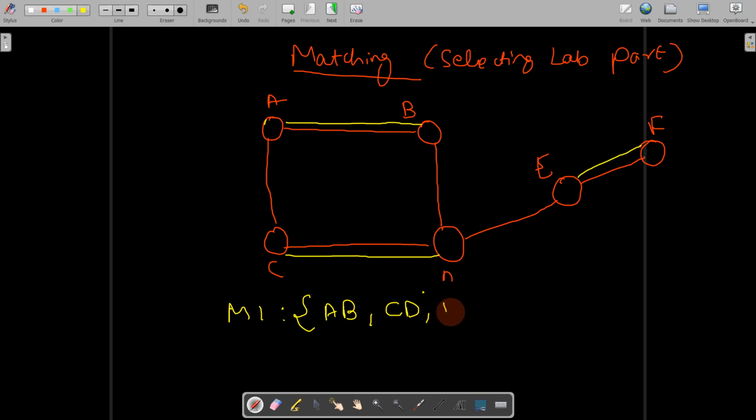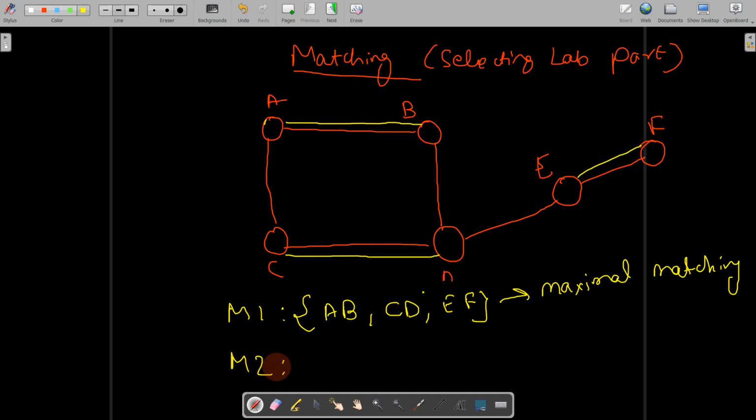So I can write EF over here, and we got a bigger set of lab partners. So this is an example of a maximal matching. That is, a set of edges where no two edges are neighbors and no more edges can be added.